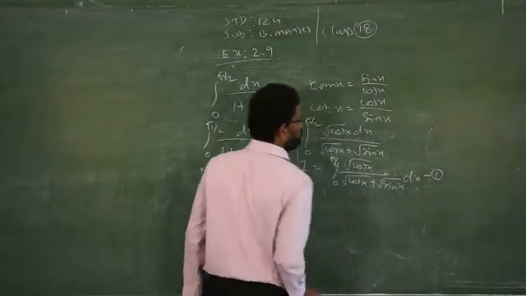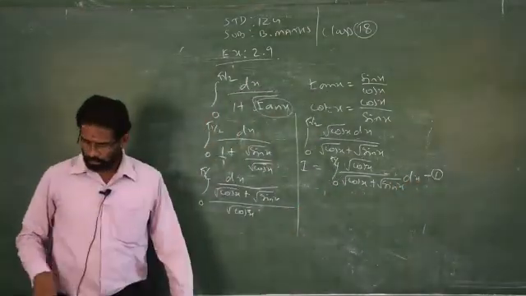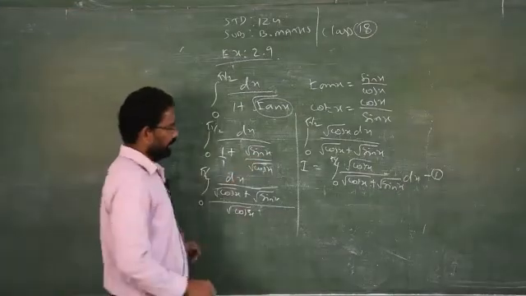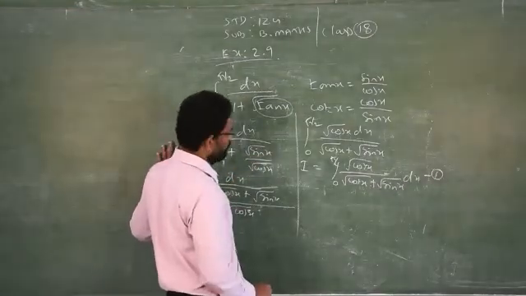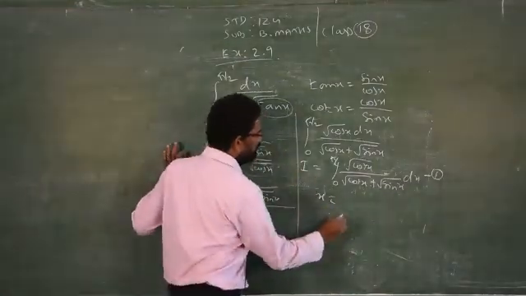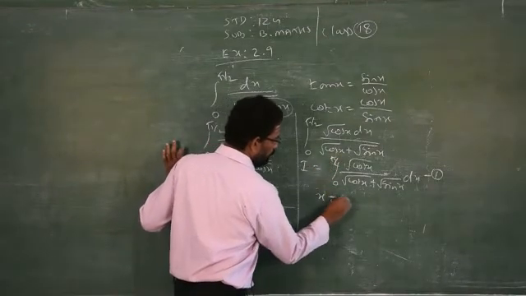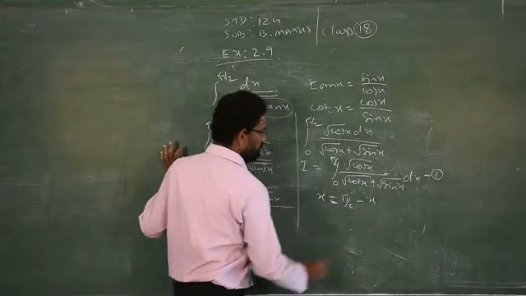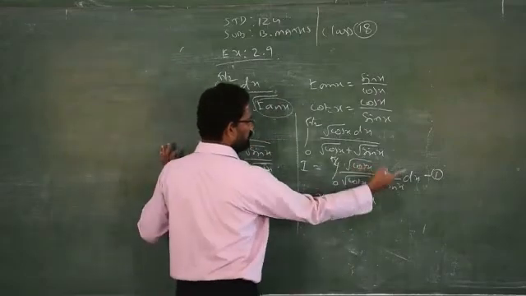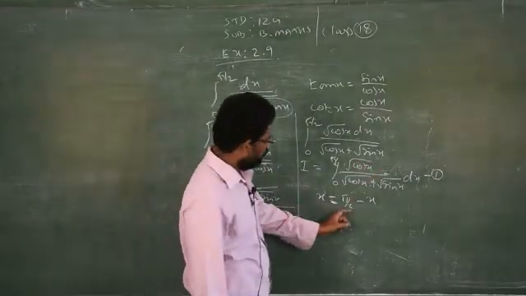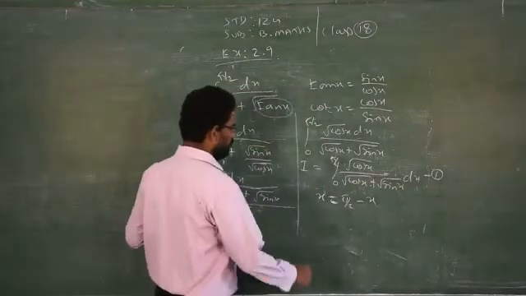Equation number 1. Next you have to apply the property now. What property is it that we are supposed to apply? f(x) equals f(a minus x). Here a is pi by 2, so pi by 2 minus x. So replace wherever x appears in the integrand by pi by 2 minus x, by the definite integral property.